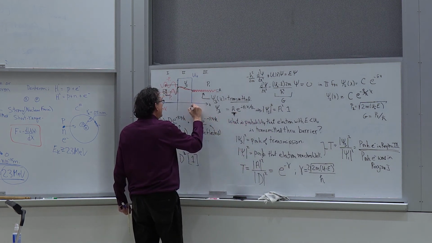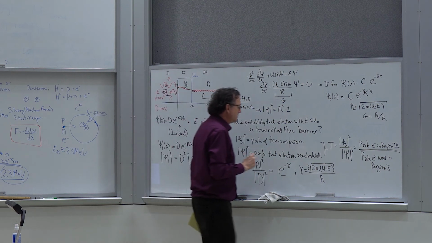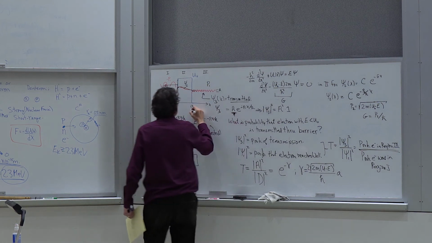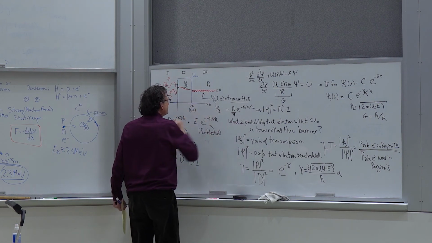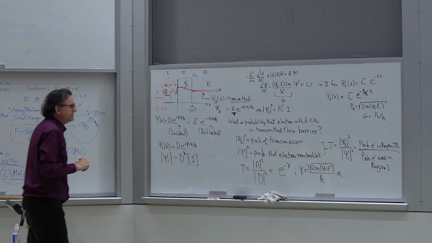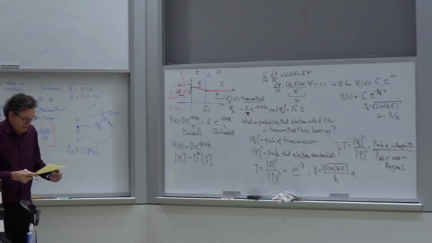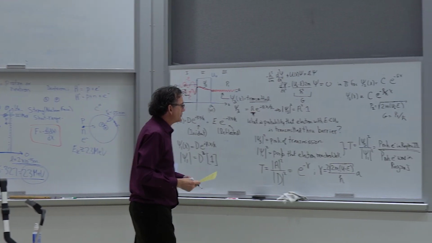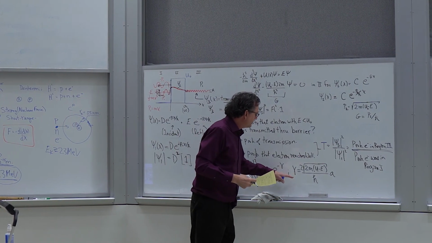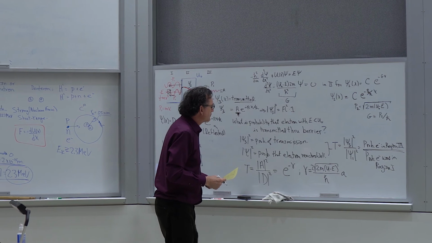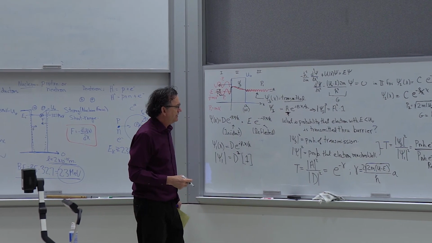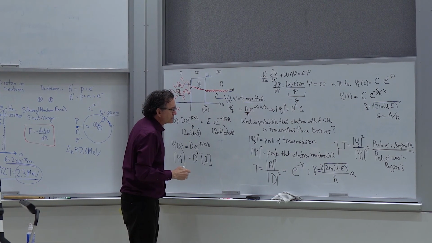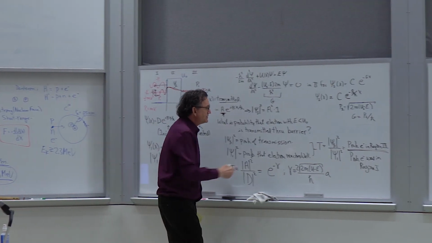I'm going to call it a. The book's notation for the width of the barrier is w. And I believe that is basically all that they tell you. If you want to know the probability that the particle makes it through a classically forbidden region and can penetrate through to the other side of a barrier, this is the equation you use.